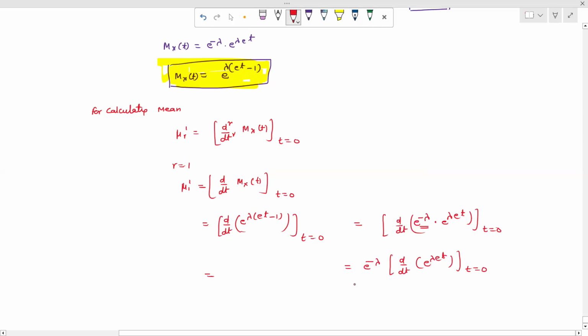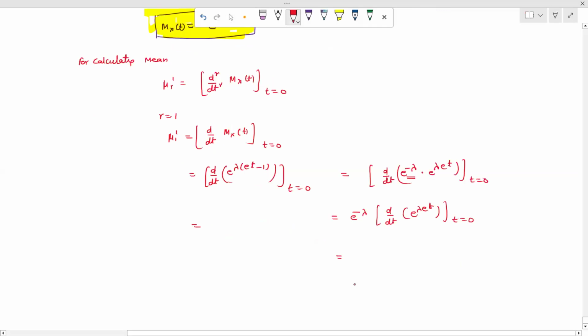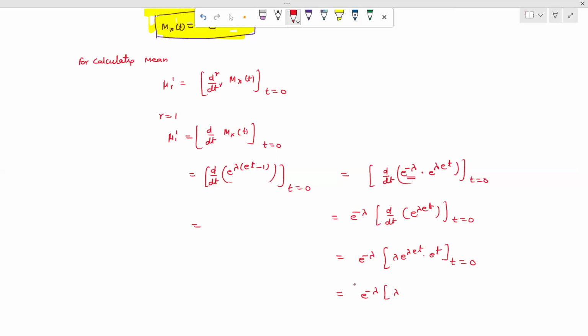Now when we differentiate this, e raised to the power minus lambda stays, and the derivative gives us lambda e raised to the power lambda e raised to the power t into e raised to the power t at t equal to 0. So this gives us e raised to the power minus lambda into lambda. When we put t equal to 0, e raised to the power 0 is 1, so we get e raised to the power lambda.